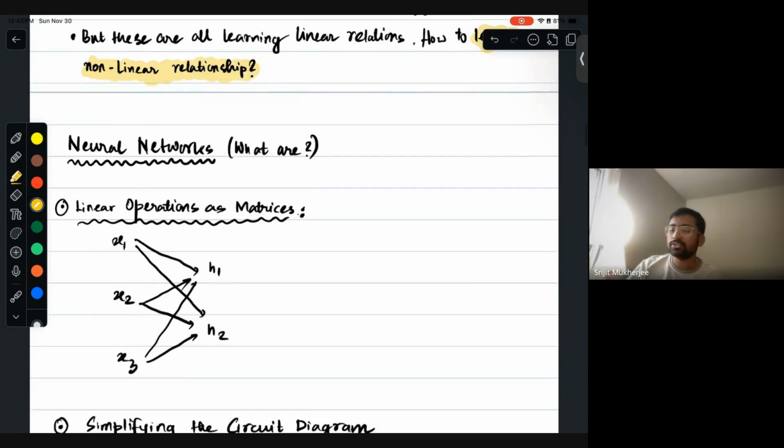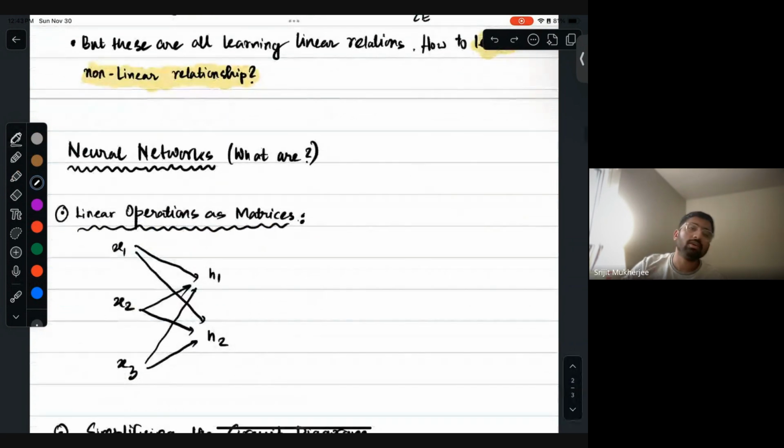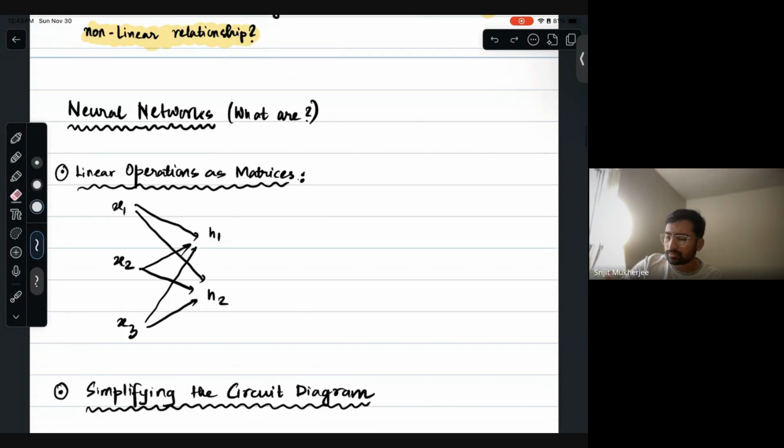First of all, the relationships that we are doing here are all linear relationships, right? So we will try to understand what's happening. Let's assume the inputs are x1, x2, x3, three numbers. We have w1 for h1.